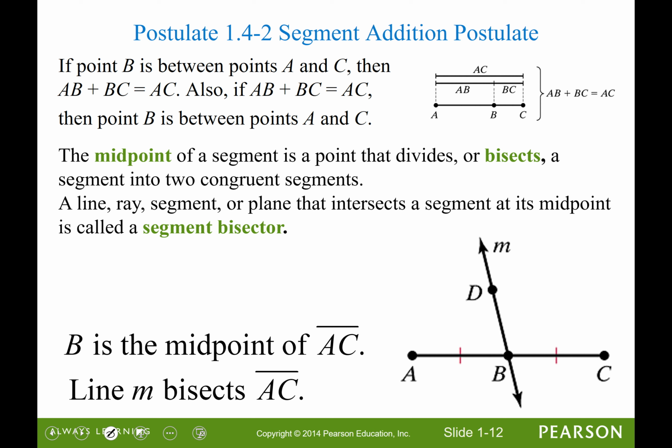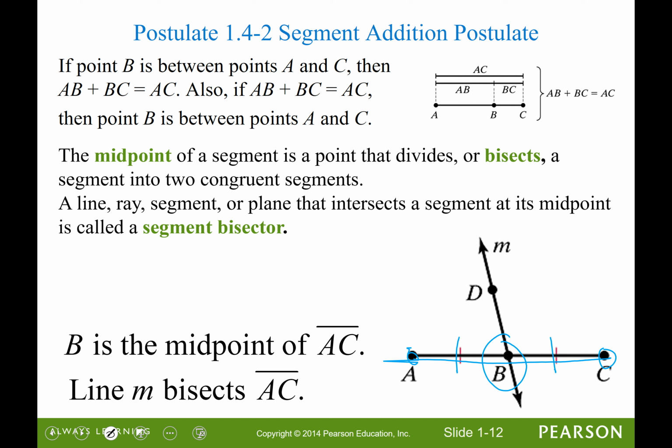All right, so first one, a midpoint of a segment is a point that divides or bisects a segment into 2 congruent segments. So point B right here is the midpoint of this segment AC. And the way we know that is because of the geometric code right here, this tick mark and this tick mark. Those single tick marks mean that those 2 segments are congruent to each other.